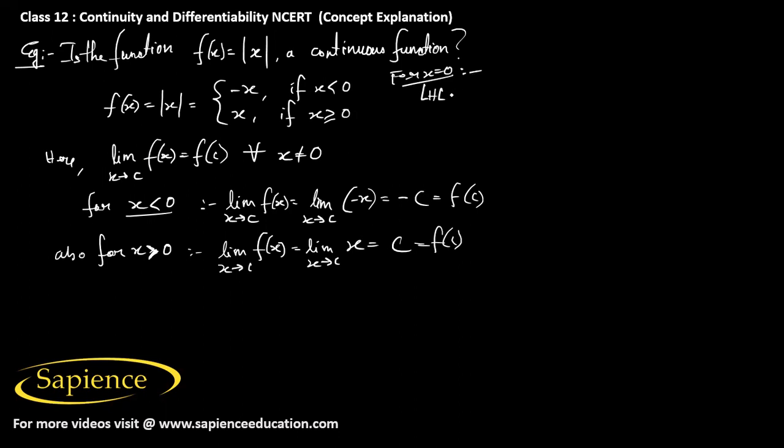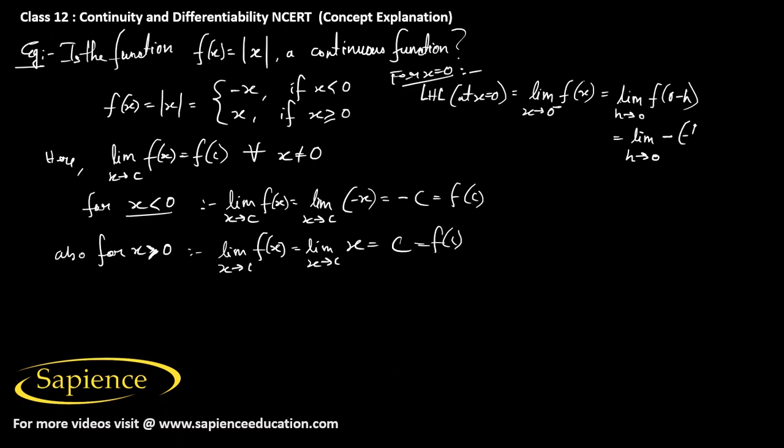So the left hand limit at x equal to 0 is limit x tends to 0 minus of f of x. When x is slightly less than 0, this will be limit h tends to 0 of f of 0 minus h, which is minus x, so minus of minus h, that is 0.